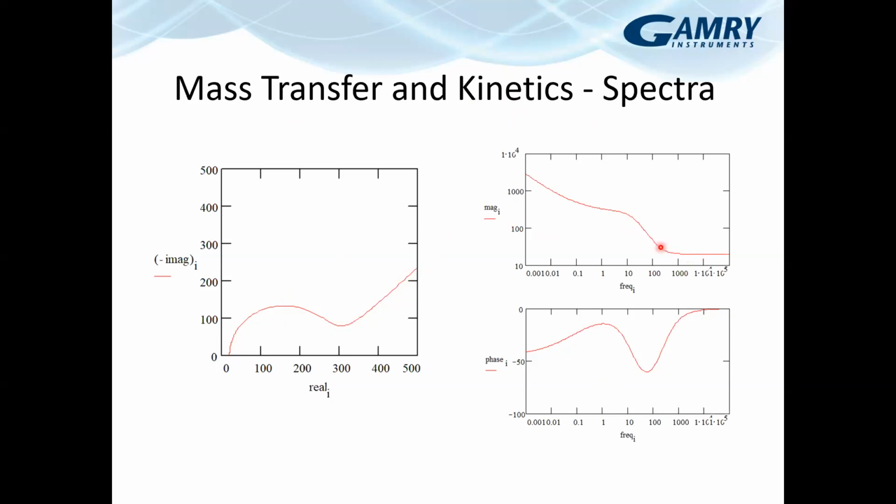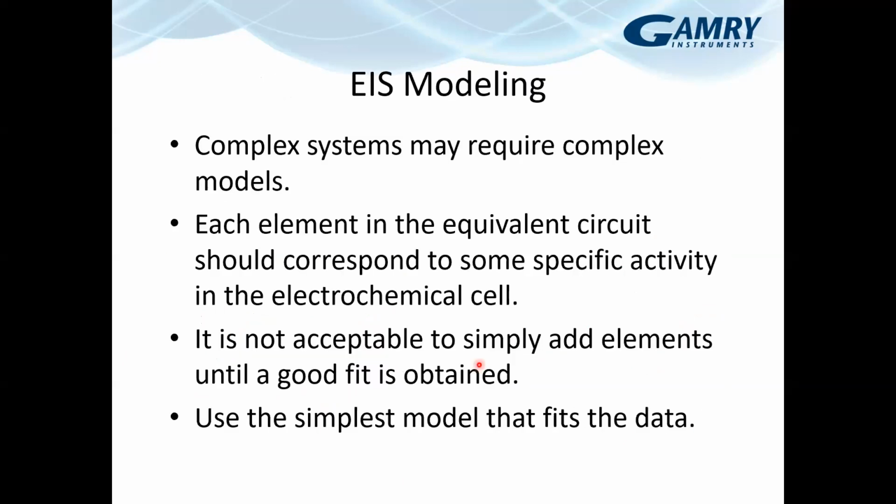On the Bode plot, we see instead of plateauing here, it starts to trend back up, and the phase, instead of coming all the way back up to zero, turns around and tends to 45 degrees. This is taken to very low frequencies for a model system. You usually do not get quite to this level with most real systems. But that's what unbounded diffusion looks like on an EIS spectrum.